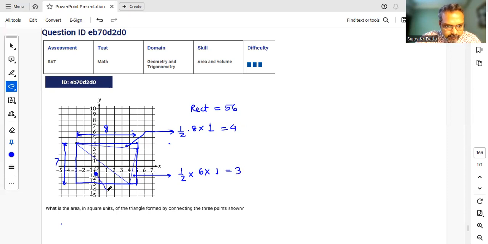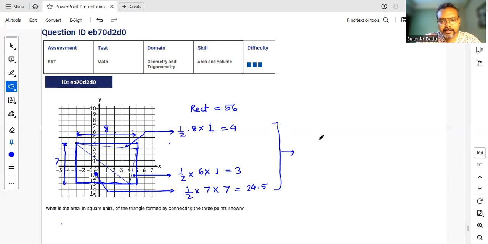And this triangle's area is half base. If I take this to be the base, that's 7, and this one is also 7. So 24.5. Now we just add these three.